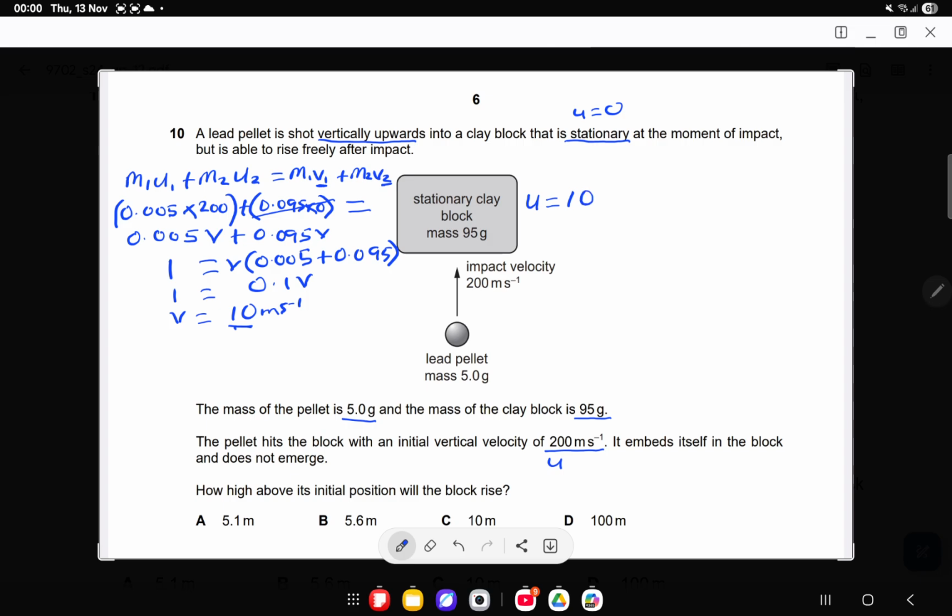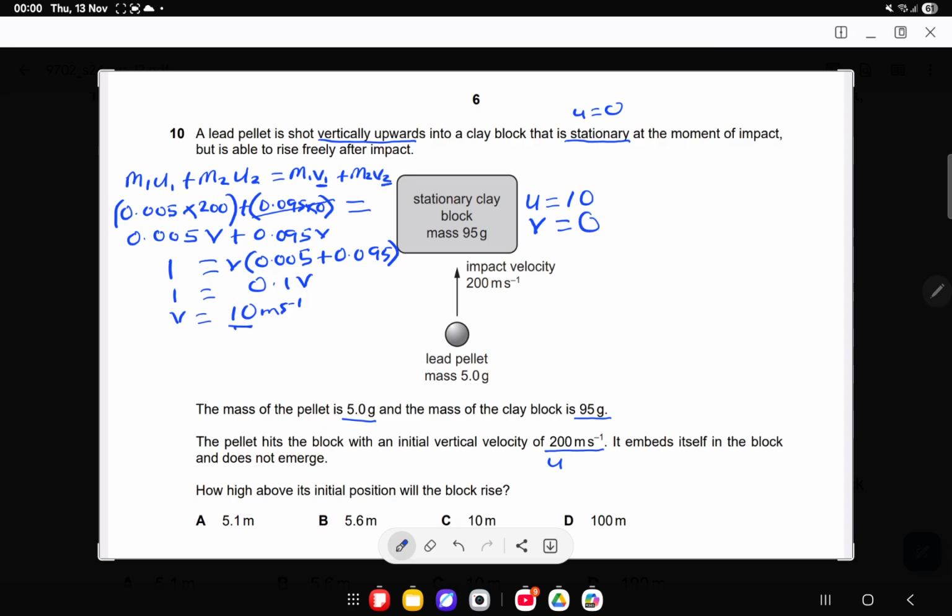Now, it says that how high above its initial position, that is, they're talking about the clay, will the block rise? So in other words, at that particular height, the velocity will be 0 because that's how high it can rise. So that will be the maximum height.